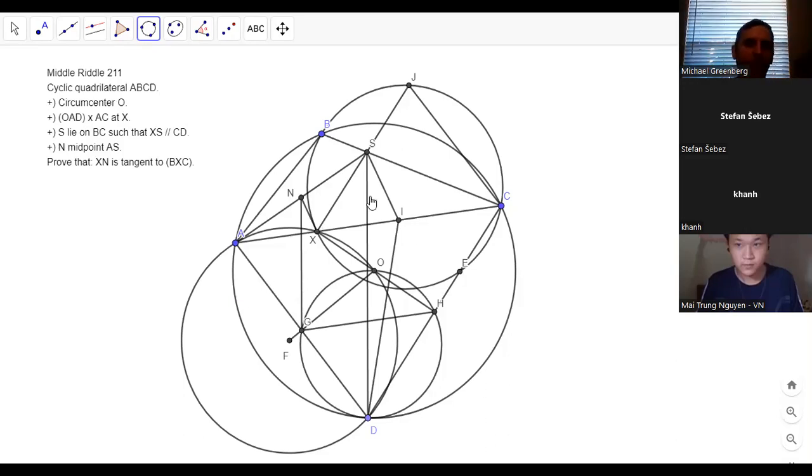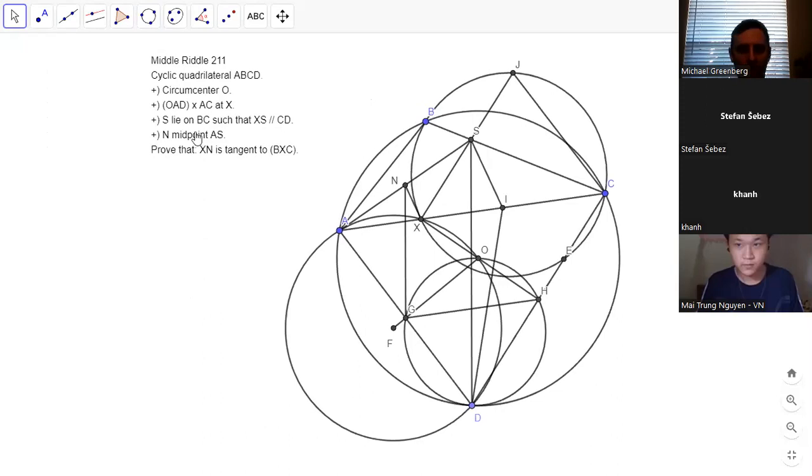I like this idea, but I have to use that AX equals XI. The benefit of this proof is that's just the power of X with respect to this circle, and I need to show it's XS times XJ. I have a proof.